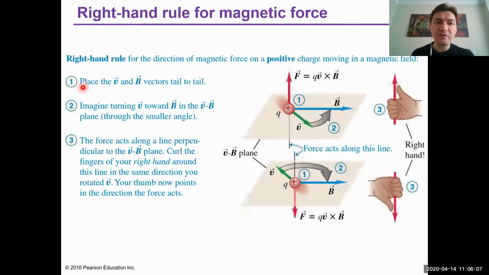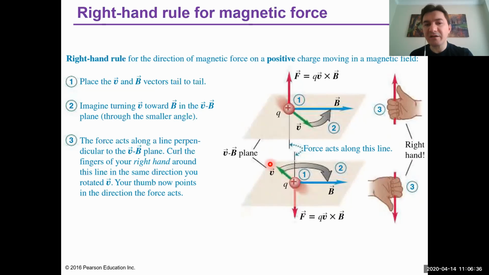First of all, we place the V and B vectors tail to tail. This is the tail of the B vector. This is the tail of the V vector. And imagine turning V toward B in the VB plane, okay? You turn your fingers from V to B by applying the right-hand rule, and your thumb will show the direction of the force.